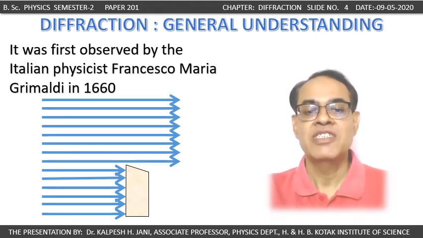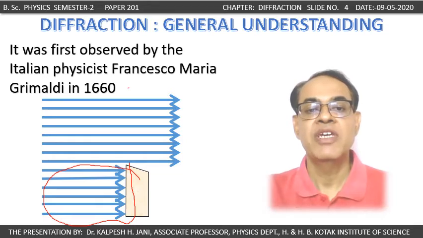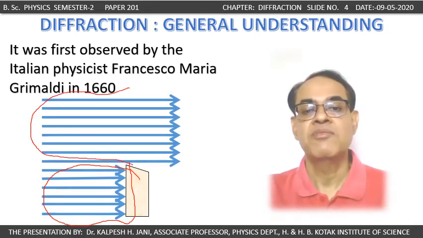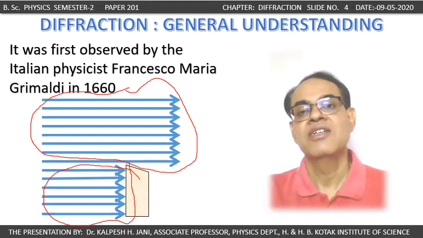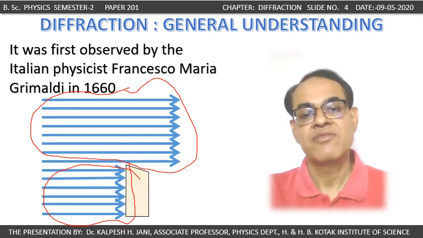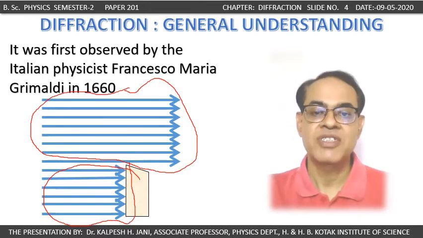Some of the rays would be obstructed by this object, but some of the rays which would not be obstructed would fall on the screen and form the shadow of the object.